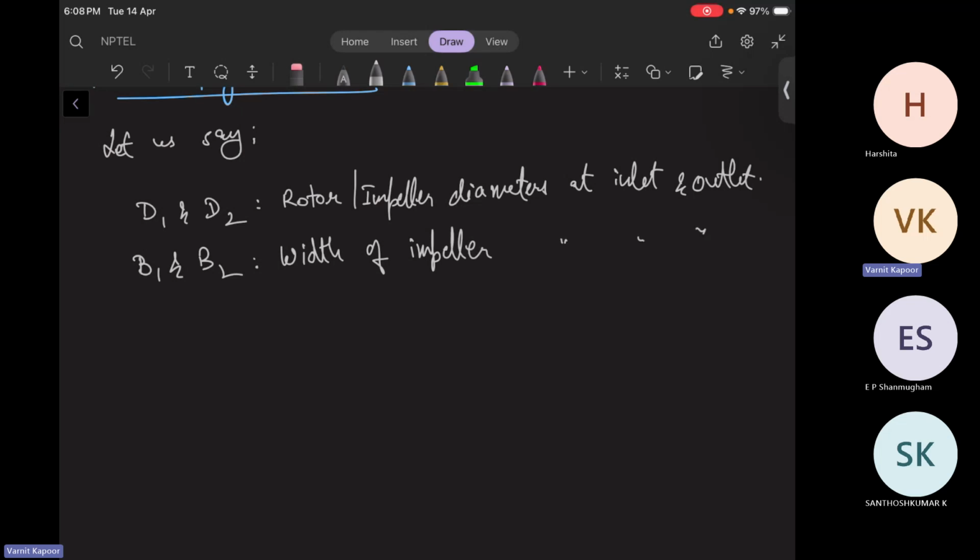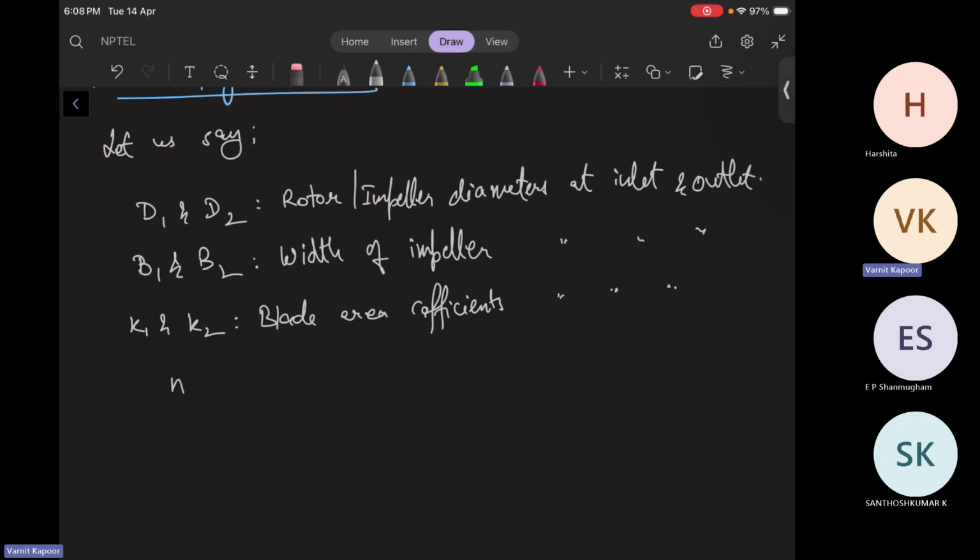Then K1 and K2 are the blade area coefficients at inlet and outlet.